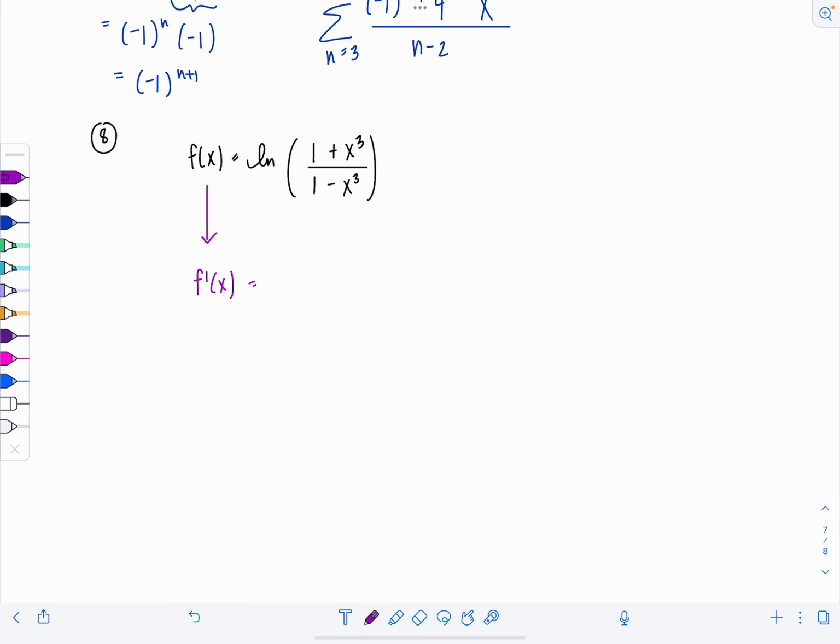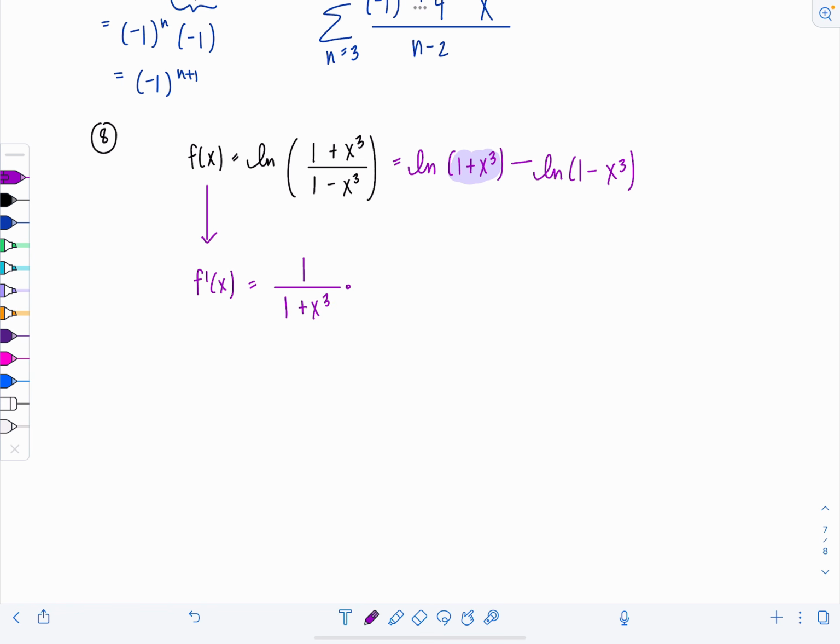And I'm not going to just jump right in and take the derivative right now because I would have to do such ugly chain rule involving the quotient rule. So I'm going to use my log properties and write this as ln(1 + x cubed) minus ln(1 - x cubed). So now let's take the derivative. The derivative of ln of something is 1 over the something times the derivative of whatever the something is.